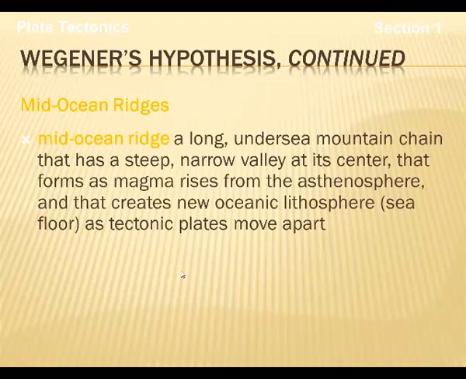Mid-ocean ridges became that evidence that he needed. A mid-ocean ridge is a long undersea mountain chain that has a steep, narrow valley at its center, and it forms as magma rises from the asthenosphere. Remember, the asthenosphere is that layer inside of the planet below the lithosphere but above the mesosphere.